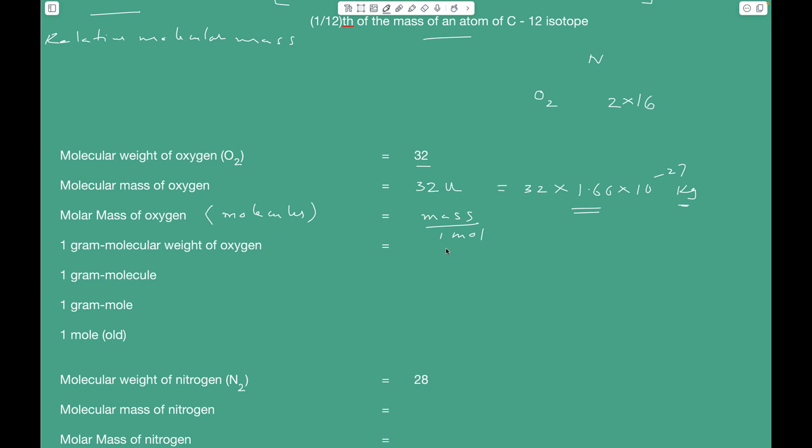So if you take 1 mole of oxygen that is composed of oxygen molecules, there will be an Avogadro's number of oxygen molecules in it. Then the molar mass will be simply equal to its molecular weight in grams per mole. As simple as that. So molar mass of oxygen molecules is simply 32 grams per mole.